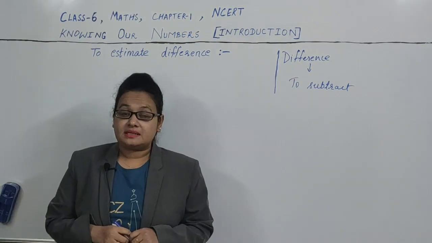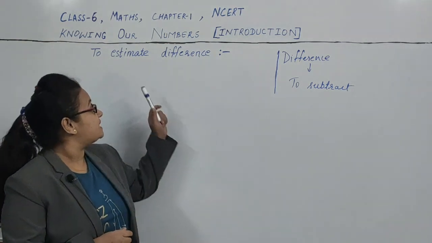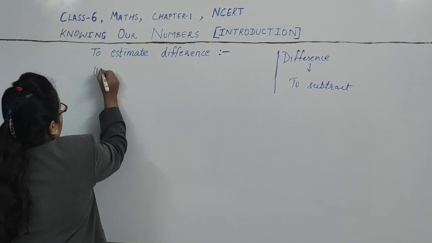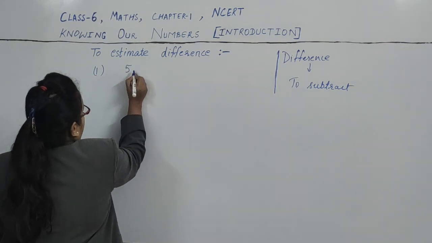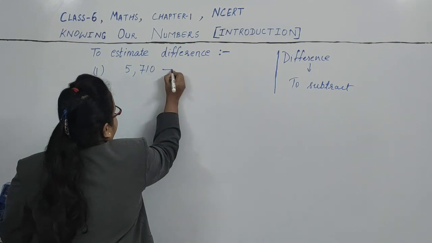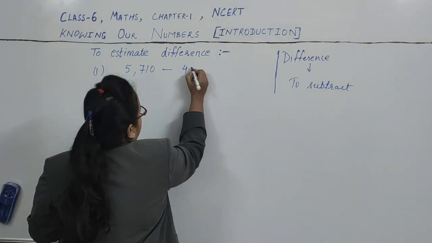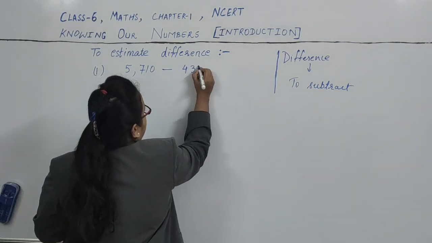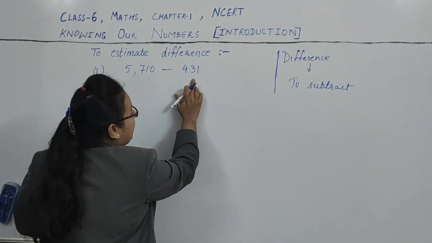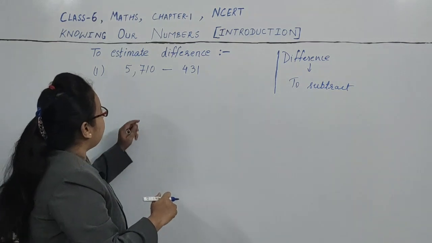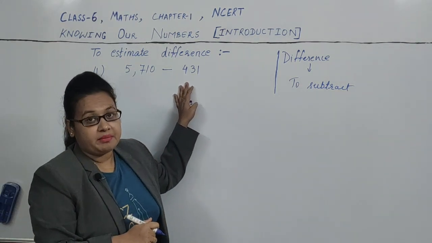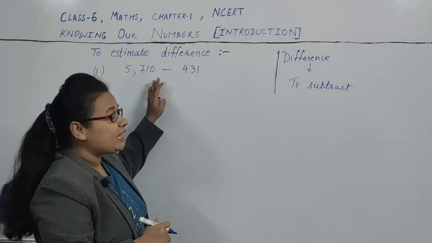Now let us take one example to understand how to estimate difference. 5,710 minus 431. We want to find the estimated difference of these two numbers. We don't want to find the actual difference.